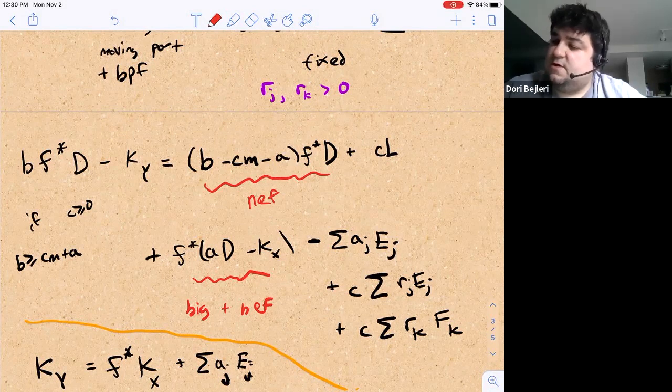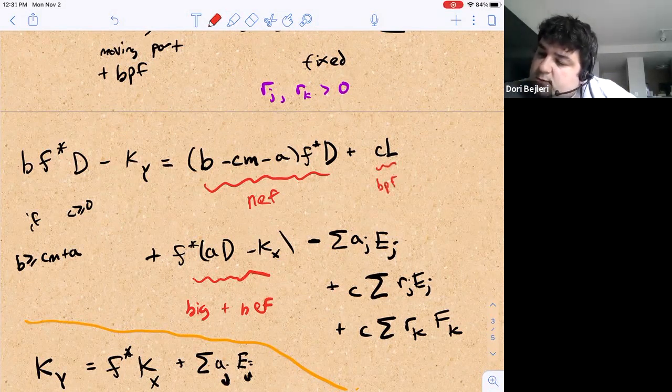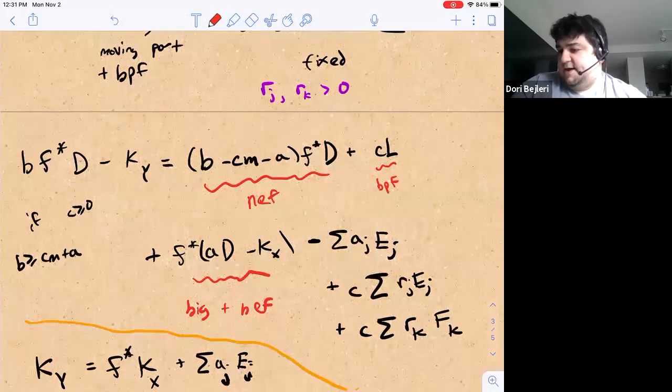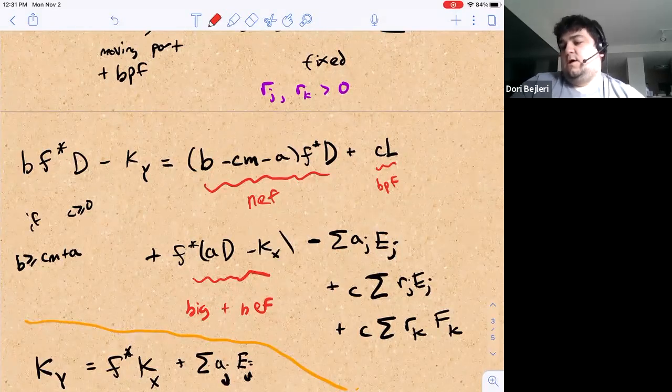So then this piece is Nef, and also this piece is base point free, and in particular Nef. And so we've written things in terms of a Nef divisor, a base point free divisor, a big Nef divisor, and then some exceptionals and some Fs where we can hope to control these E's and these Fs.